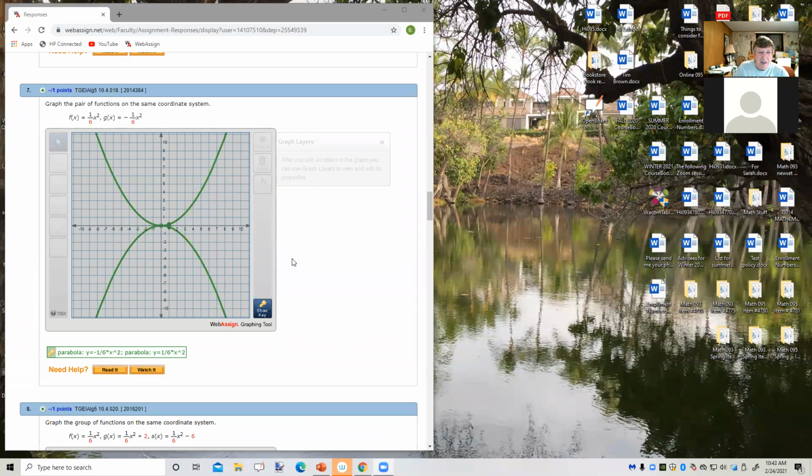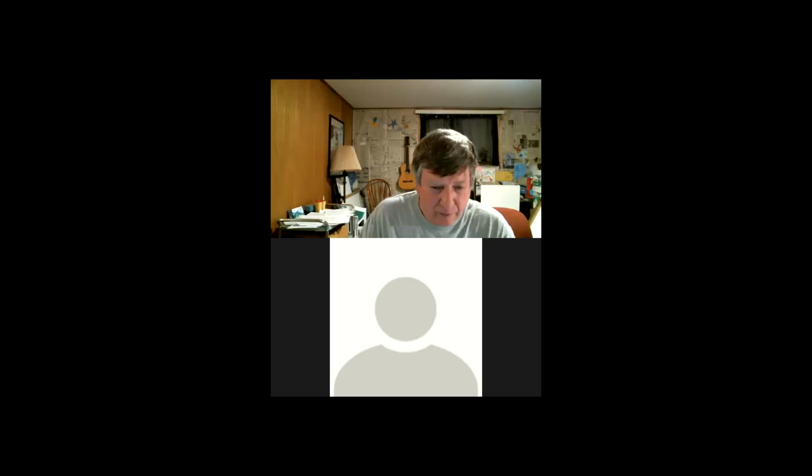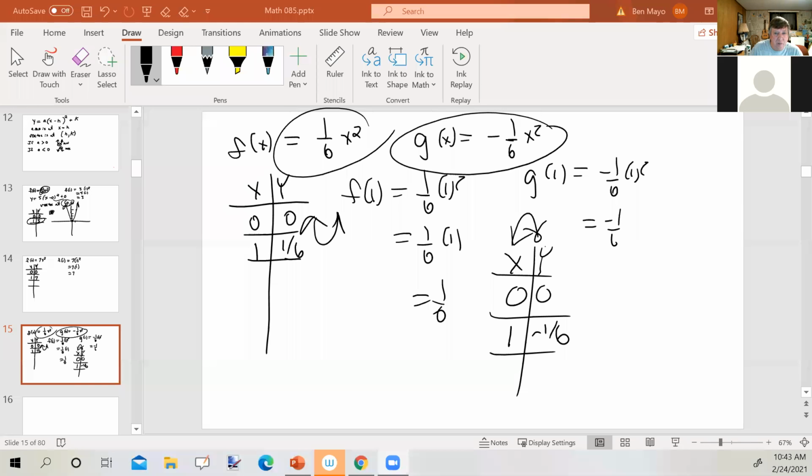Now, I want to go to a different screen on this, because I want you to see, again, to reinforce how you deal with fractions when you're graphing, okay? I've covered this in the past, but I want to cover it again here.